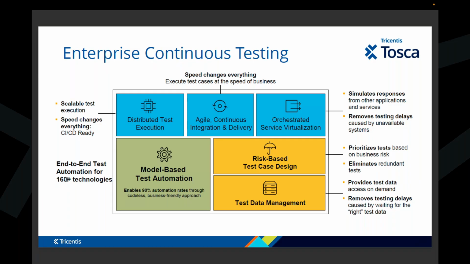How you're going to use test data services, and the beauty of Tosca, orchestrated service virtualization. What does this mean, what does it do in real time, and why is it called orchestrated OSB? We will look into that in detail in our course.